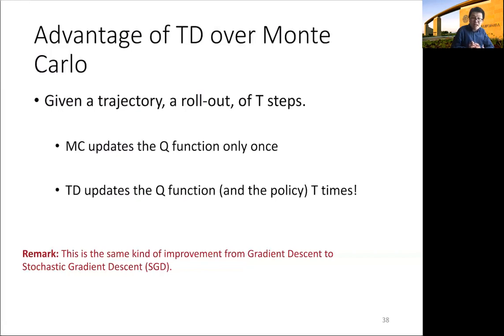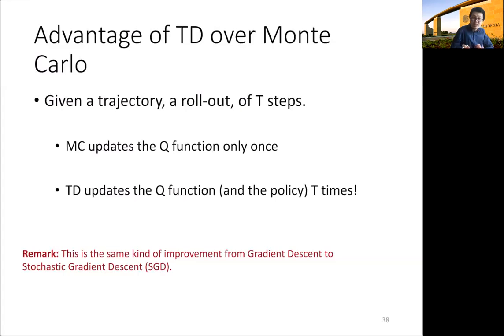So by the time MC updates the function once with good confidence, TD has already made long progress towards optimizing this Q function and getting it closer to the Q star function.